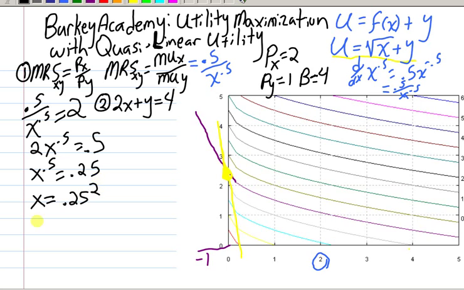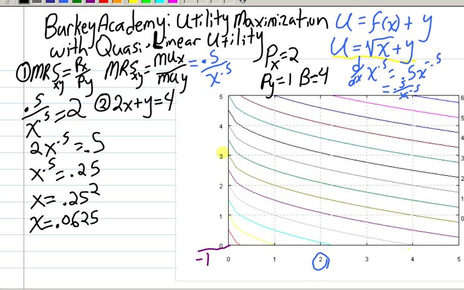So in this case, the amount of x we're going to buy is going to be a very small amount, only 0.0625. Now let's draw this over in our indifference curve map over here and make sure that this looks like it makes sense.